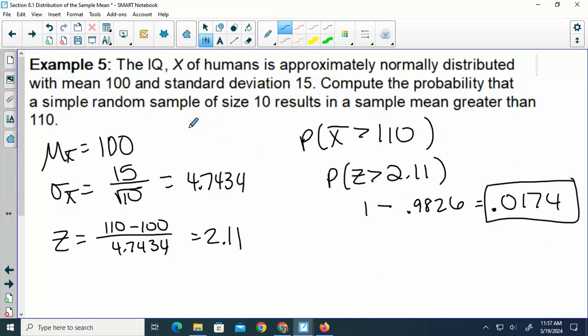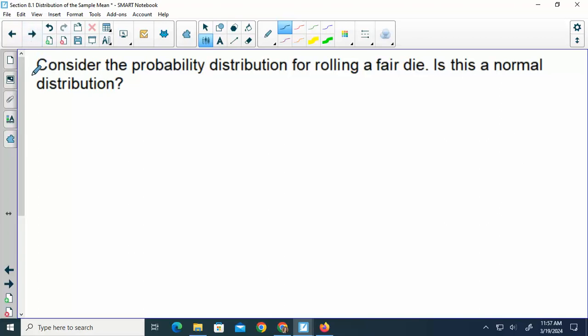Moving on then. If I asked you about rolling a die, okay, that's an example we've used a lot. If I take that probability distribution, would that be a normal distribution? What's the probability, if you think about our outcomes, of getting a 1? What's the probability of a 2? Probability of a 3?